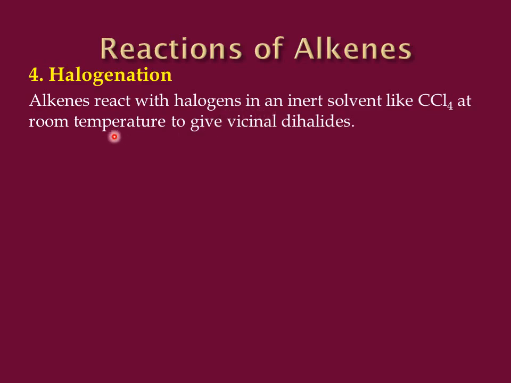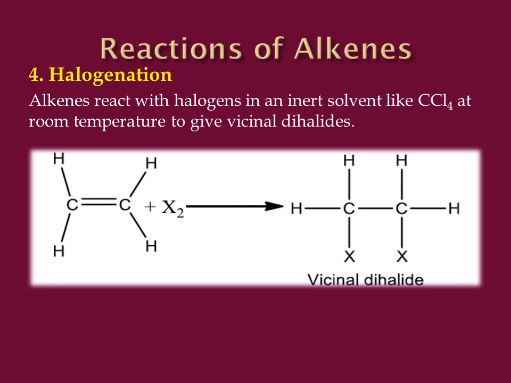Now what is the meaning of vicinal dihalide? Vicinal means adjacent carbon atoms and dihalides means that you are going to have halogen atoms on the vicinal or adjacent carbons. Now you can see in this chemical reaction that an alkene is going to react with halogens and give vicinal dihalides.